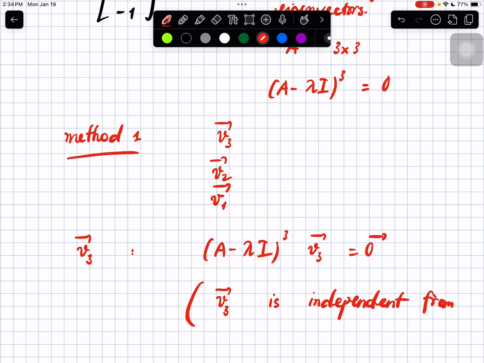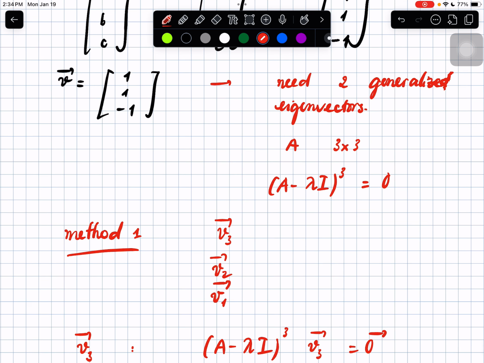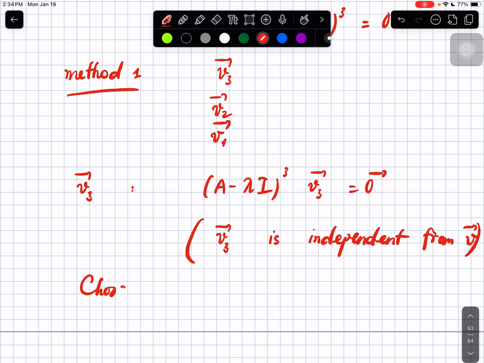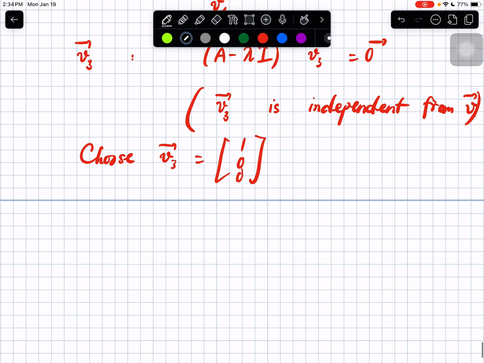So v is this, 1, 1, minus 1. Choose v3 to be 1, 0, 0. Now we build v2: (A minus lambda I) times v3.